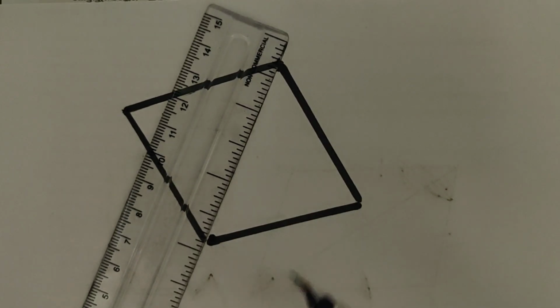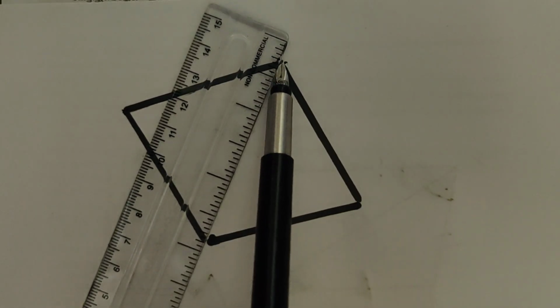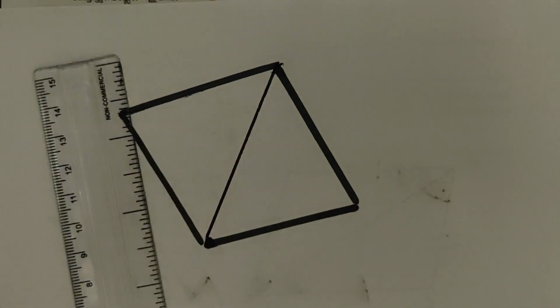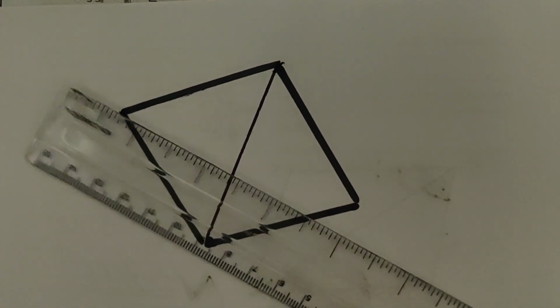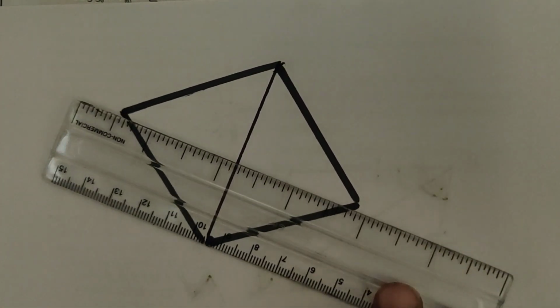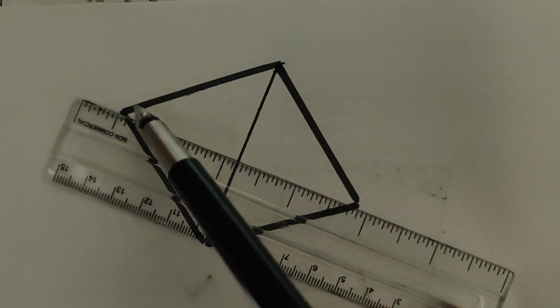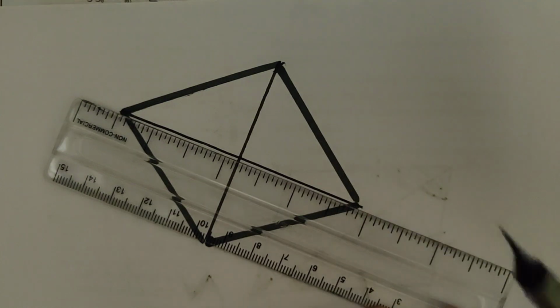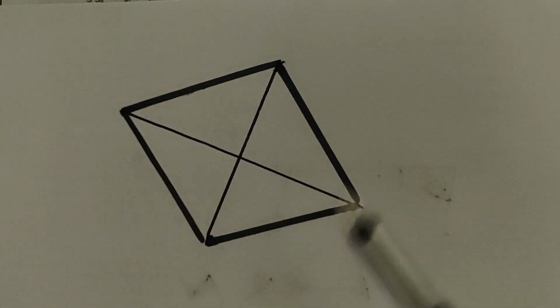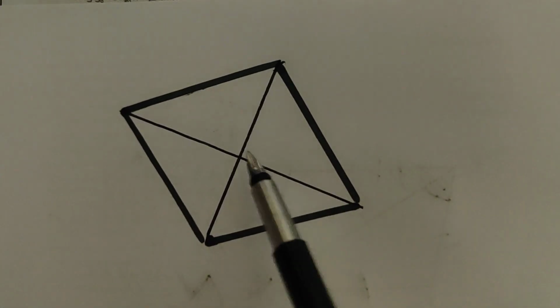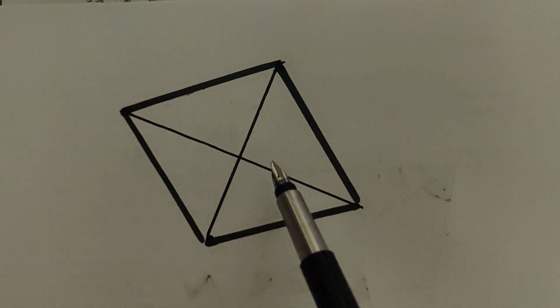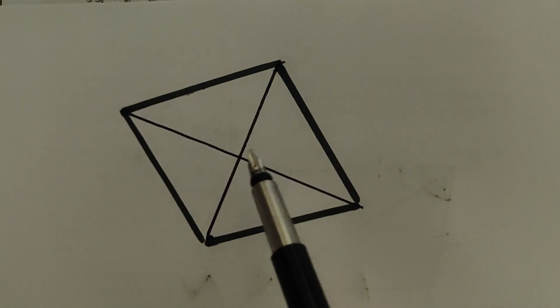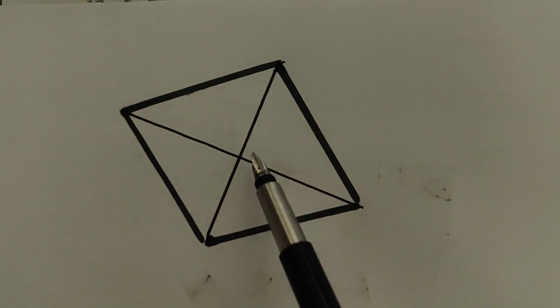Two diagonals are there, first diagonal and second diagonal, and these diagonals are not equal. But we want to prove what? This angle is 90 degrees, that is, perpendicular bisector.